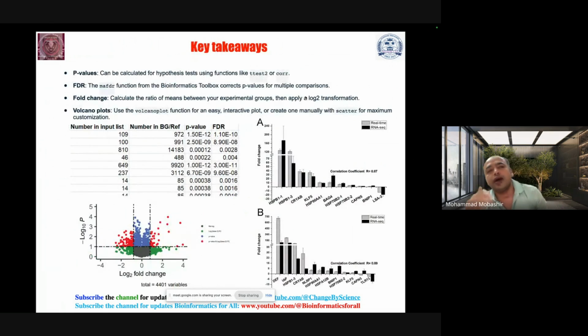After you understand the p-values, FDR, fold changes, and volcano plot, you also think about the pathway analysis. You can also compare the fold changes calculated for the different platforms. For example, you can compare the gene expression values generated by microarray platform or NGS platform, or something like Illumina platform, or maybe qPCR, or real-time PCR, or something else.